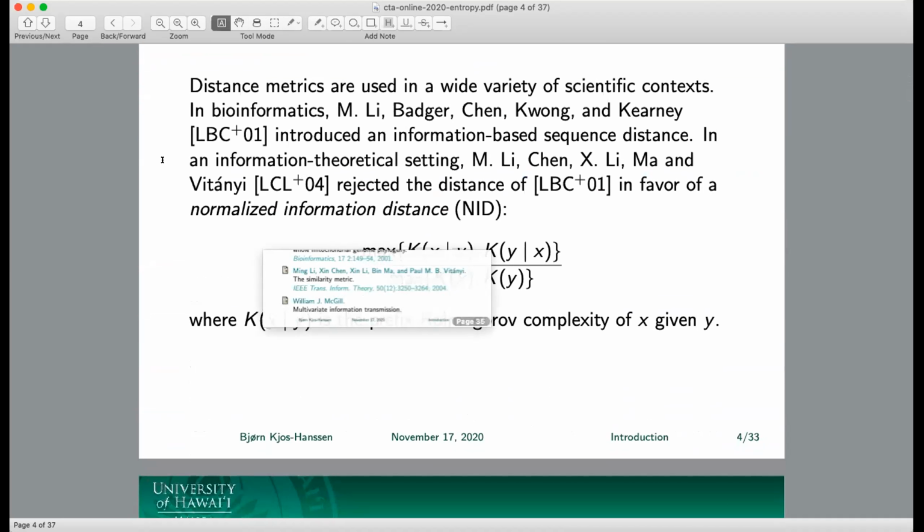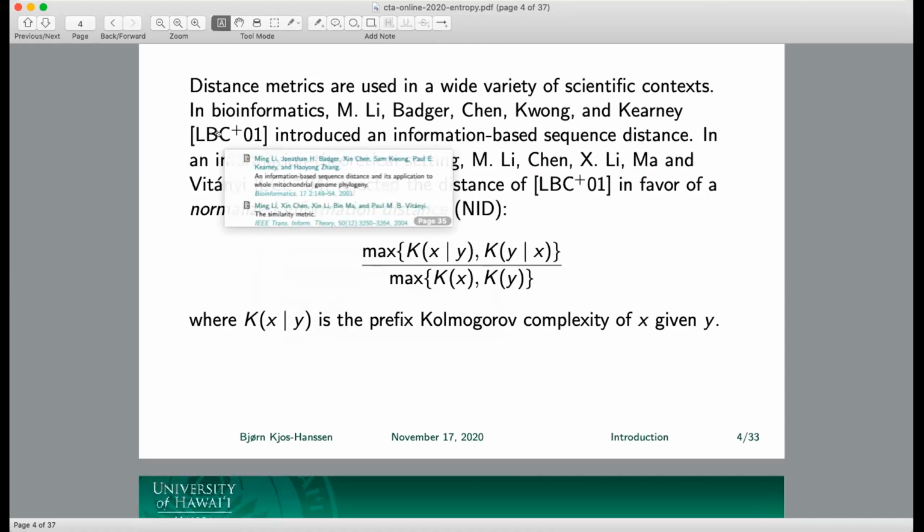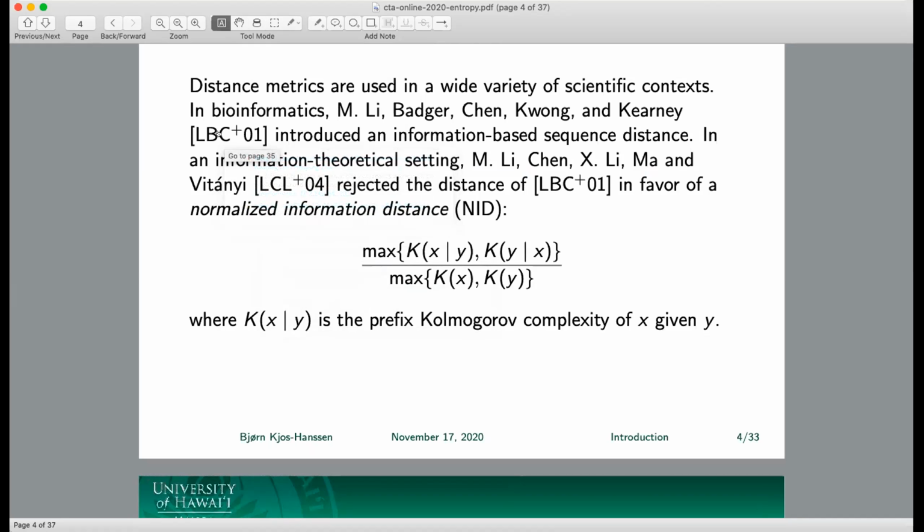In all kinds of areas of science, these metrics are very popular for saying how closely related things seem to be, if you don't really know but want to measure it based on the data. For example, there was a paper in the journal Bioinformatics that introduced one possible way to measure distance between biology genome sequences.